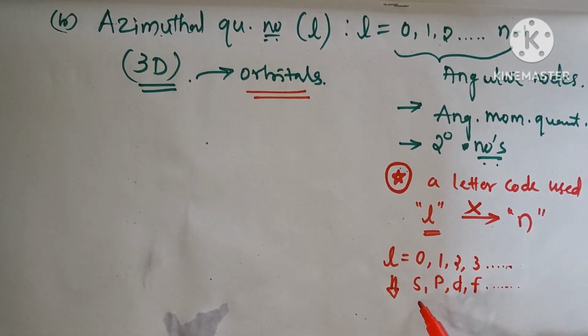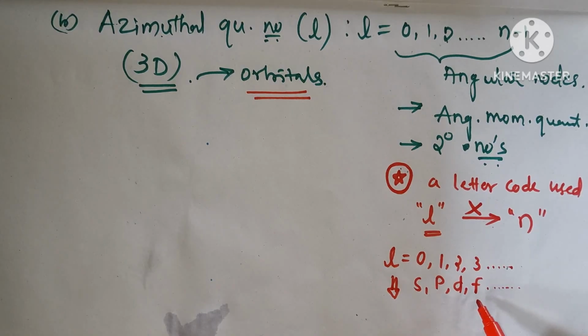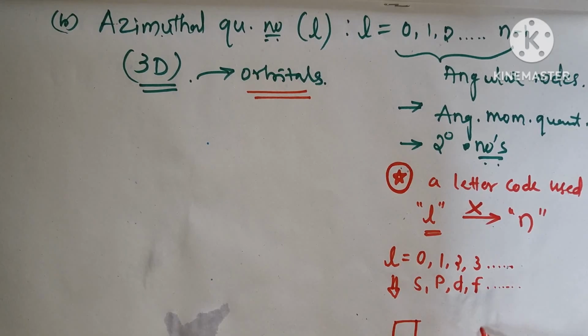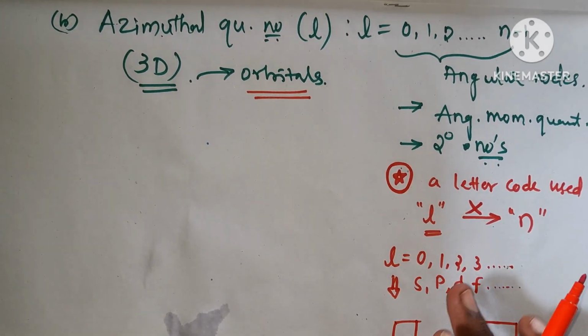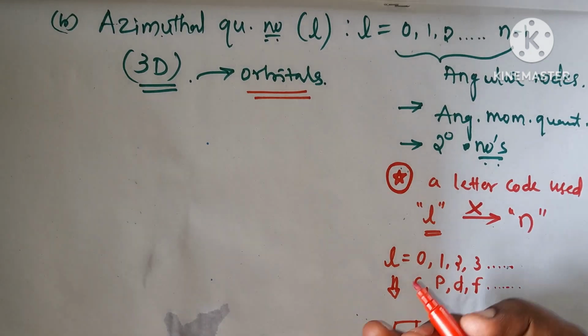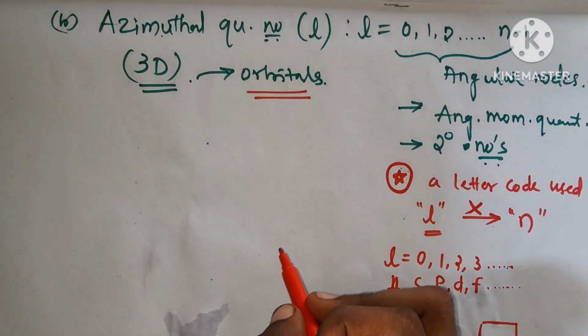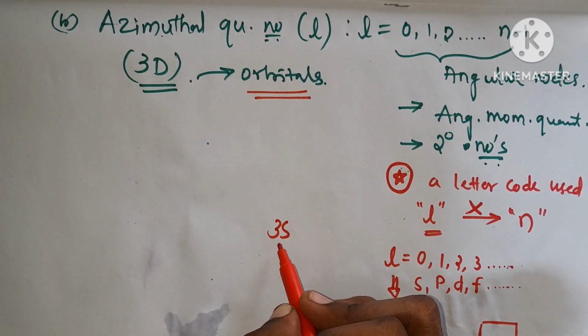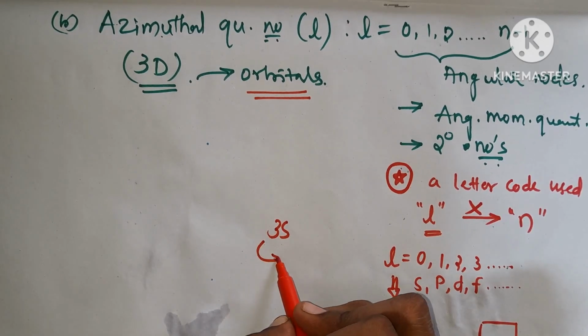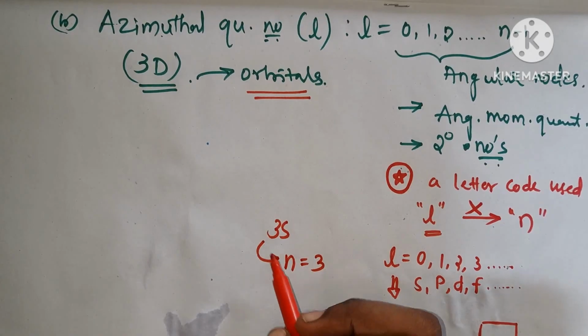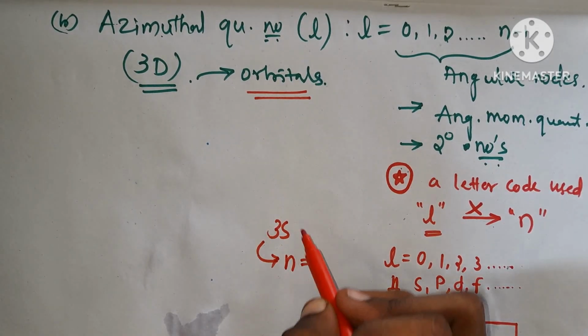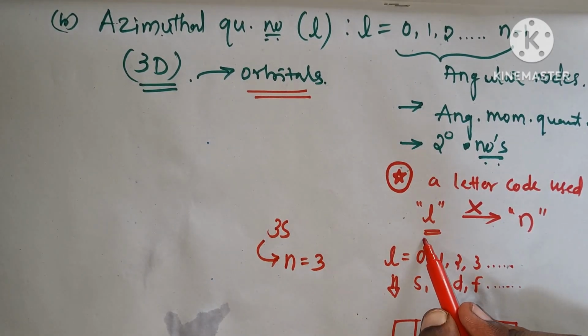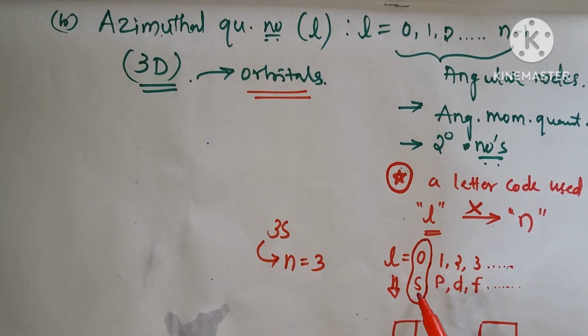So these SPDF orbitals or SPDF blocks in the modern periodic table are derived with this idea only, just to avoid the confusion. For example, if any subshell is named 3s, the first number is n, that is n is equal to 3, and s denotes 0.